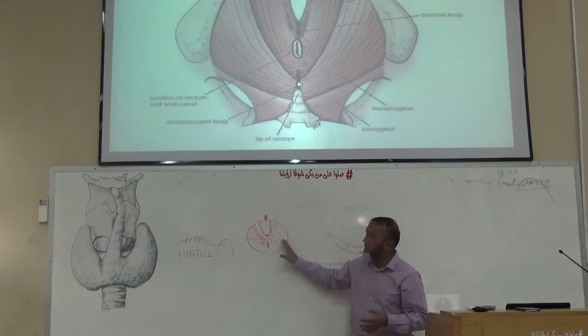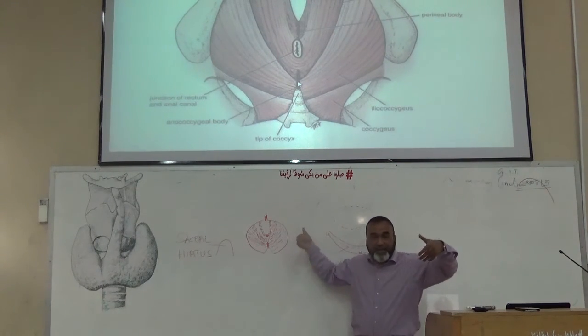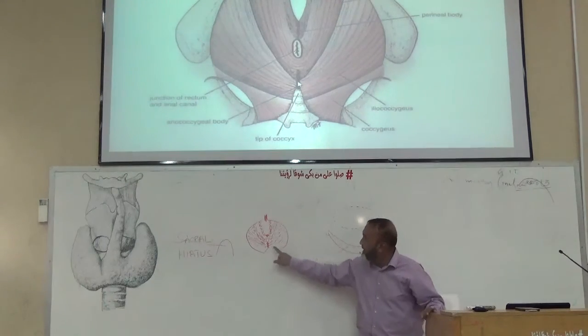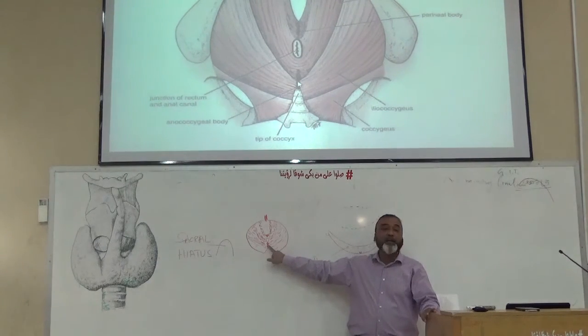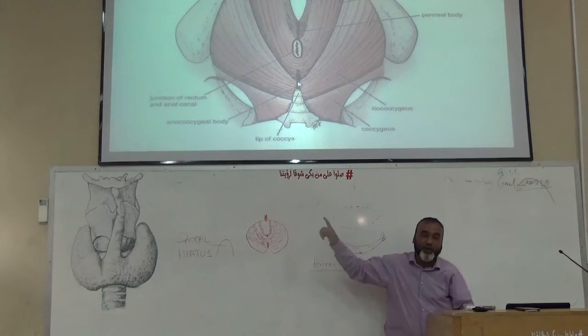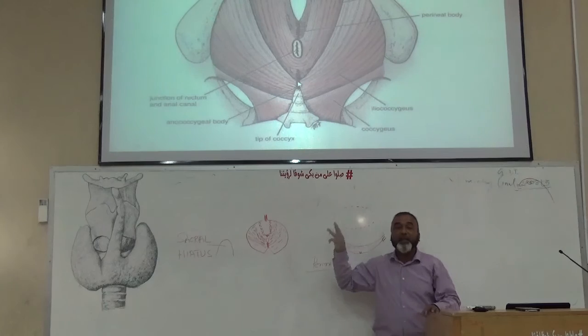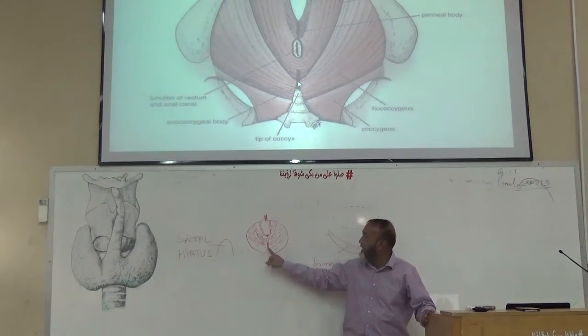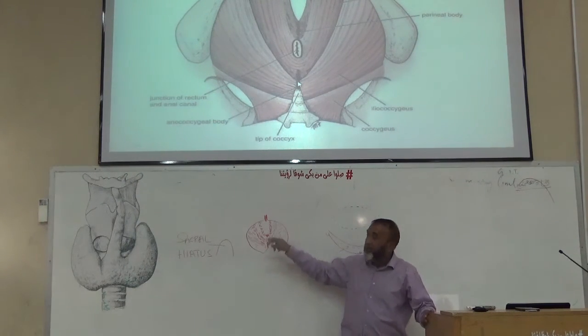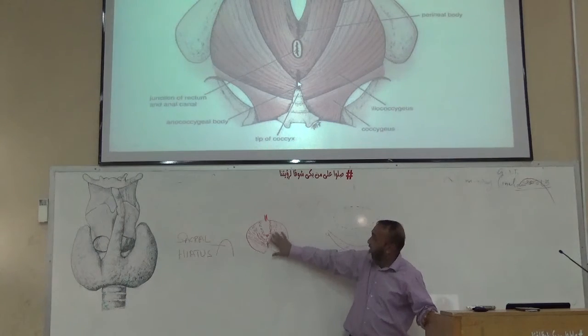They come from the iliac bone and pass towards the midline to be inserted over the anococcygeal body, and they are also inserted at the tip of the coccyx. So this is how the partition is formed.